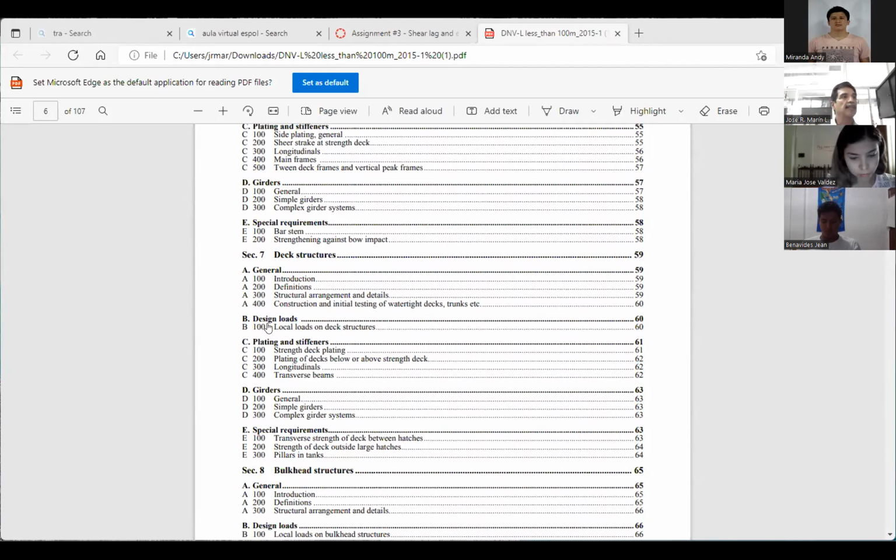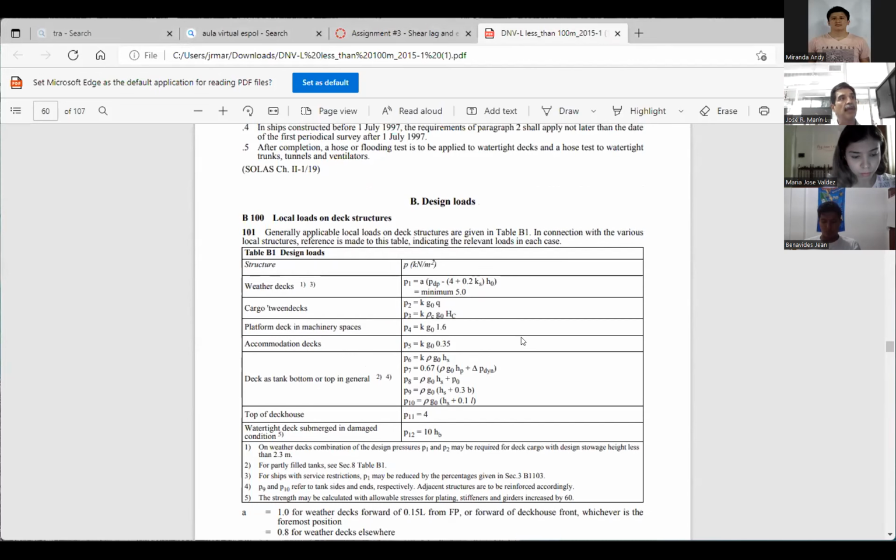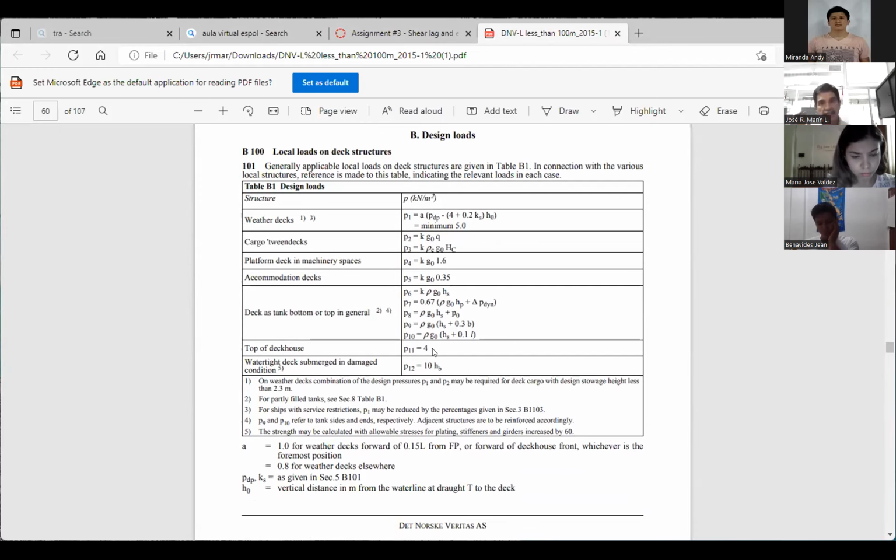One of the things that you find here is the design loads. This is the table that you need to use, and you see that this is specifically for decks. For example, weather decks are decks which are open, with nothing above them.